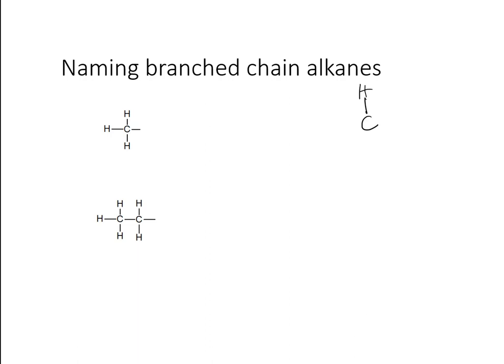So a methane looks like this, and you remove the hydrogen. When you remove a hydrogen, you form a methyl branch. So this branch is known as methyl.